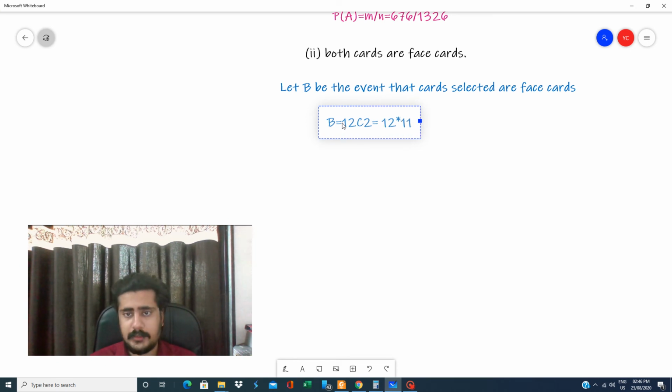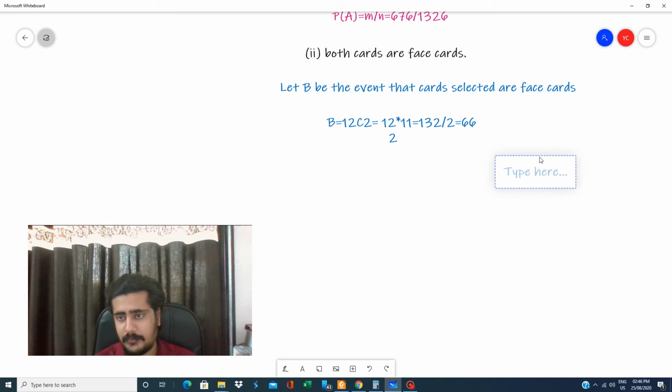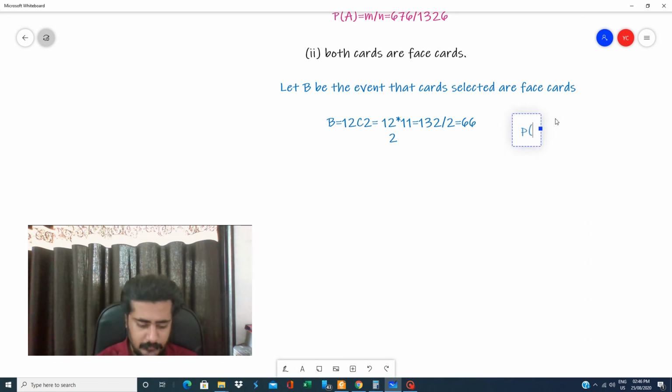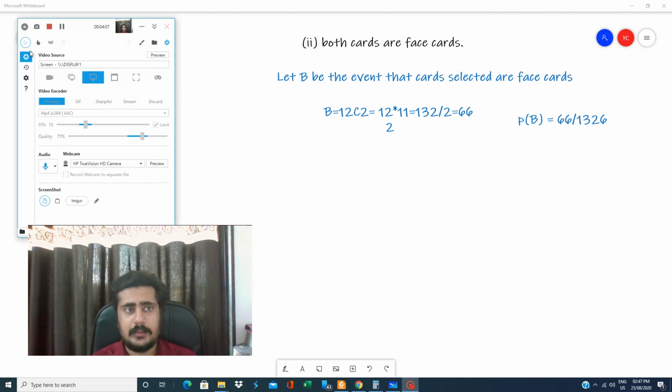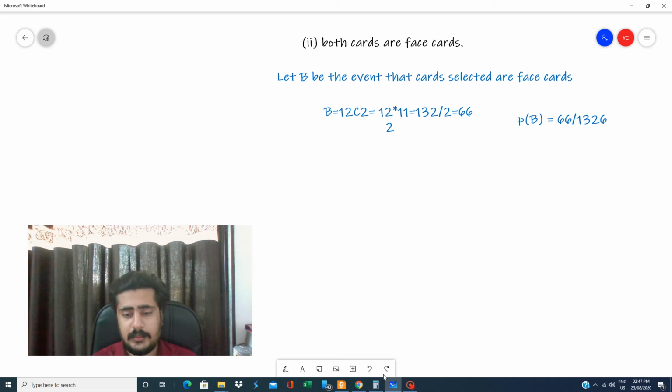If you want to solve this, it's 12 into 11 upon 2. Now 12 into 11 is 132 upon 2. What is this? It is 66. So your probability can be 6 upon 13. This we have solved, the second question. Let us go for the third.